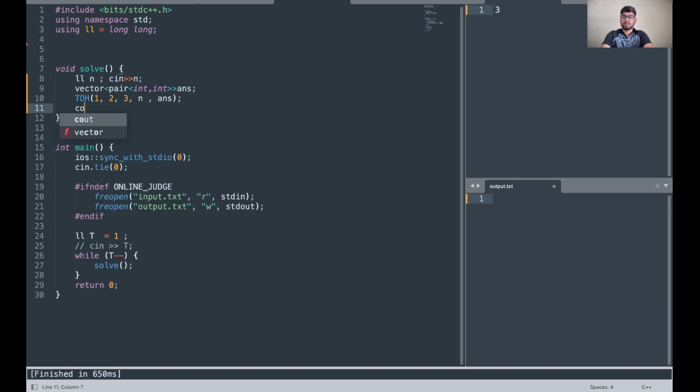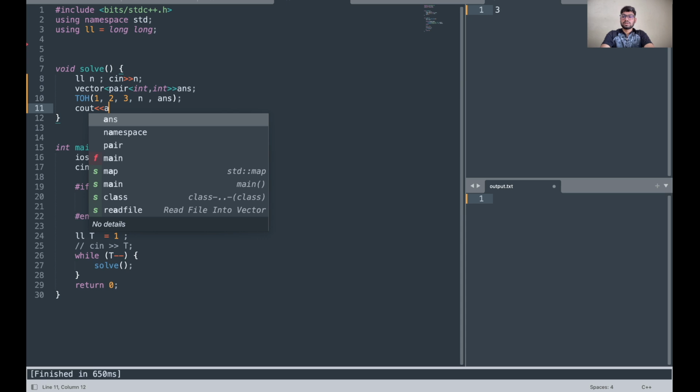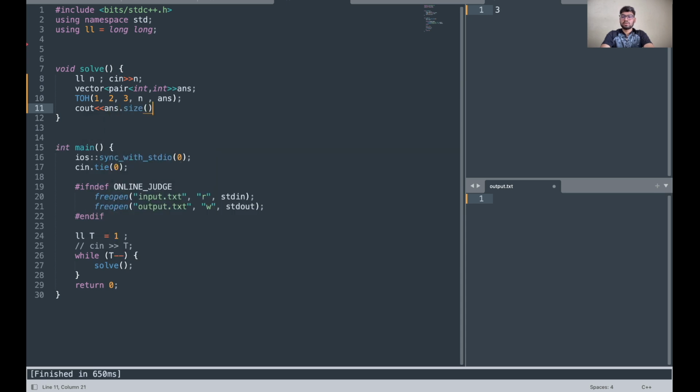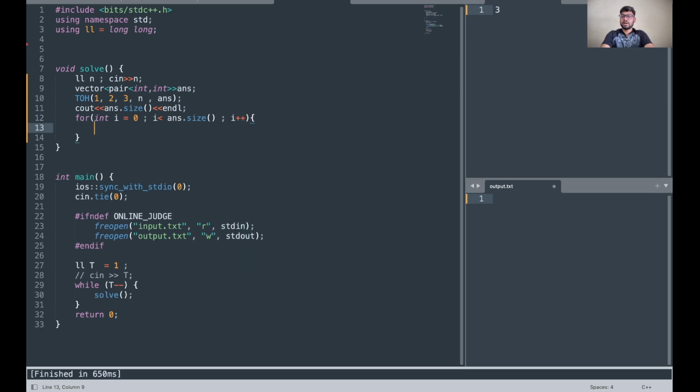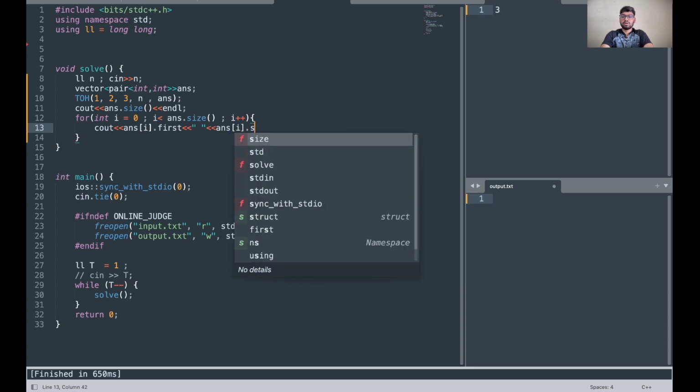After that I just print out the size of the path, answer dot size. After that I have to print all my path, answer dot size, i plus plus. And for each iteration I have to print cout answer i dot first, answer i dot second.